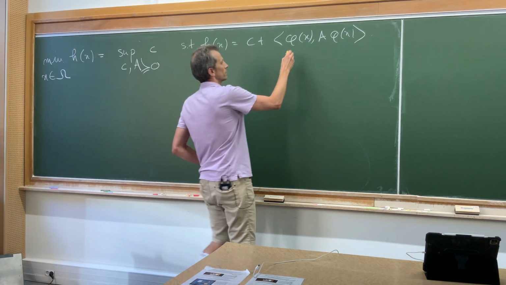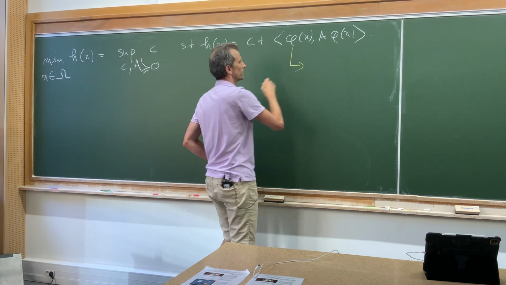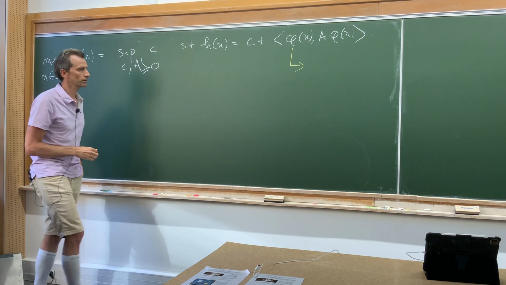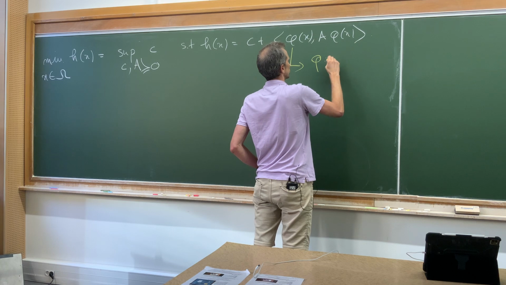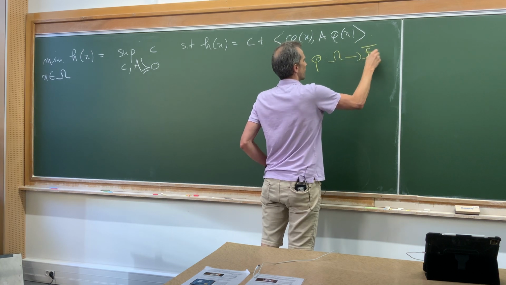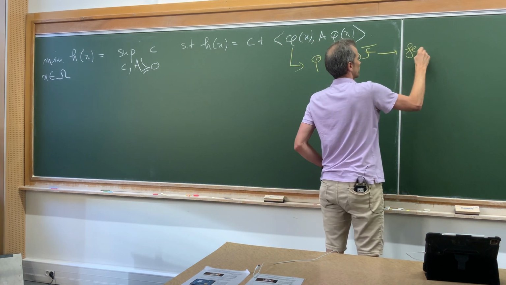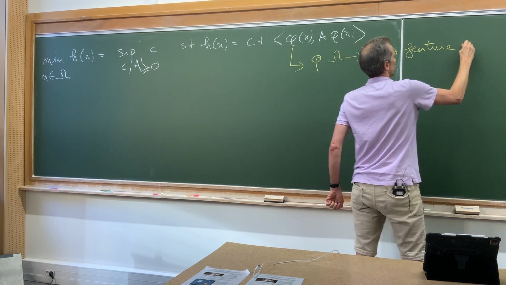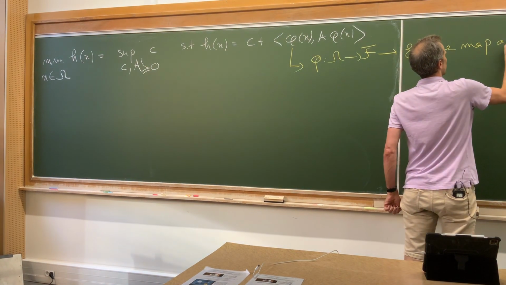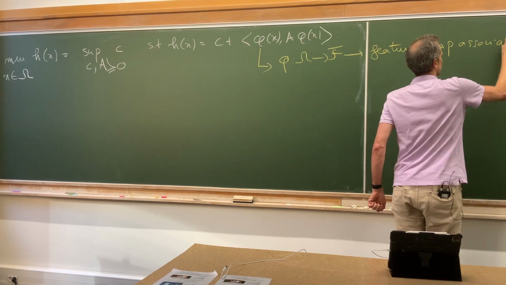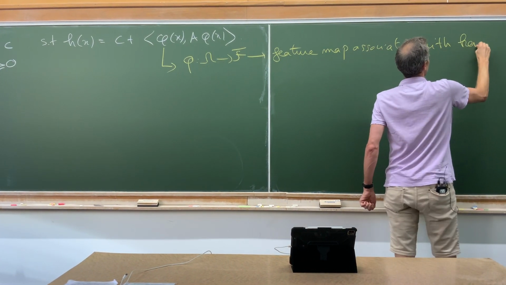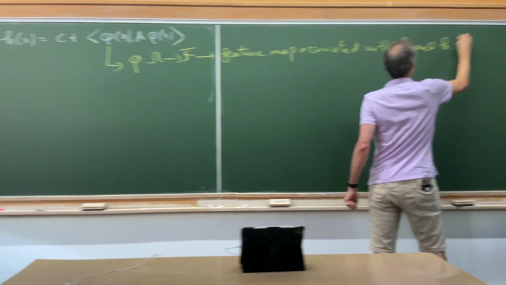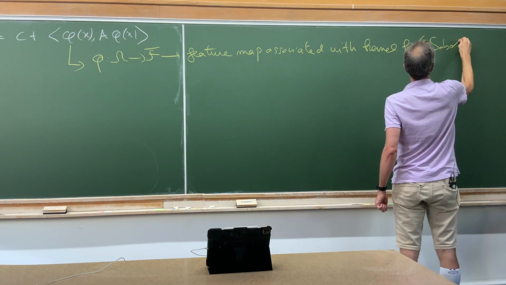And what we did yesterday is to take phi infinite dimensional, from omega to F, where F was a feature space, a feature map associated with a kernel k, and k was essentially a Sobolev space.